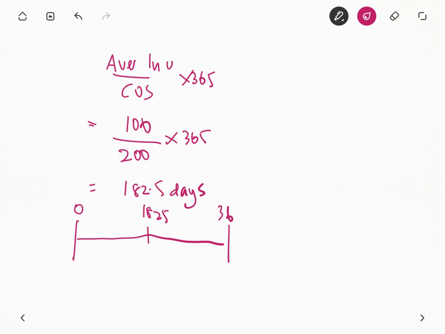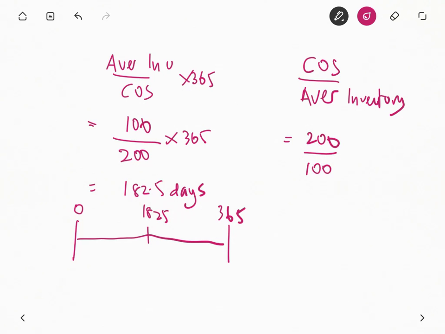182.5 days. If we use the other formula, which is in times, we switch it to cost divided by average. No need to times anything. My cost is 200. My average inventory, opening plus closing divided by 2, is 100. So you divide, you have 2 times.